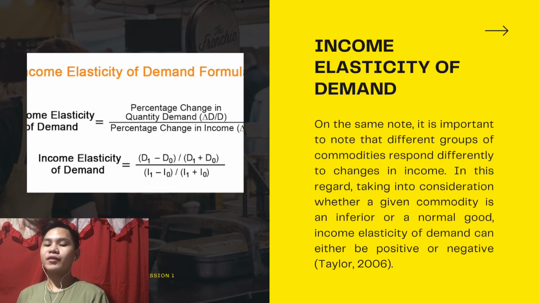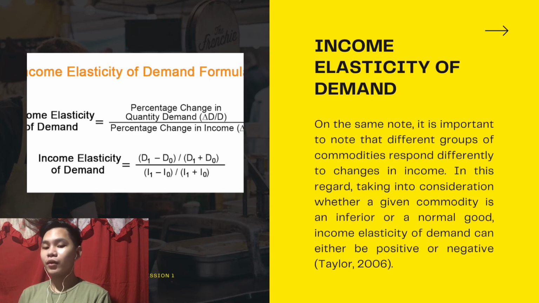The last one is the income elasticity of demand. Consumers can only purchase the quantities that their disposable income can afford. As a result, income levels are highly influential when dealing with changes in demand for any given commodity. Income elasticity of demand refers to the percentage change in quantity demanded of a commodity arising from a change in income levels of people, assuming that other factors are held constant.